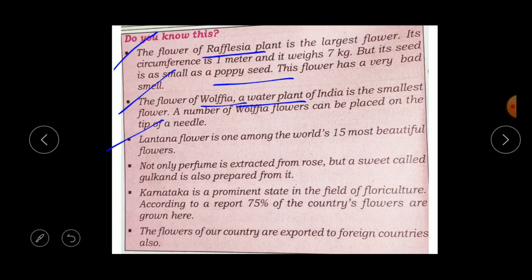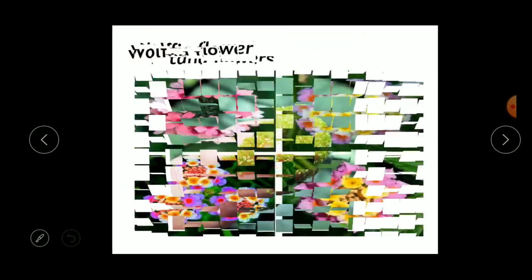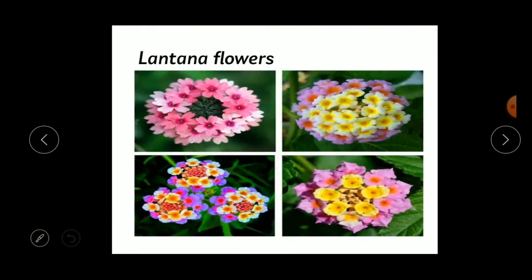Okay, the next point is the lantana flower is one among the world's 15 most beautiful flowers. Here I will show you. So these are the lantana flowers. Here you can see how beautiful and how attractive these flowers are.